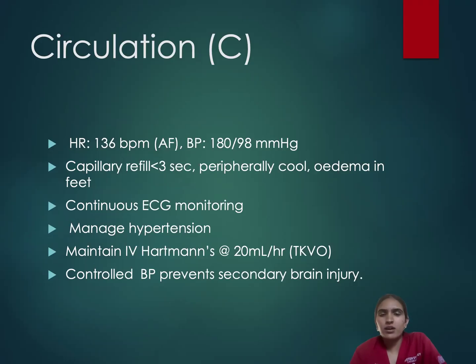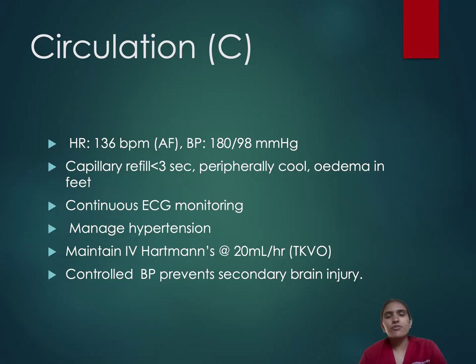Her heart rate is 136 beats per minute and blood pressure is 180 by 98 mmHg, and capillary refill is less than 3 seconds, which are signs of atrial fibrillation and hypertension. If atrial fibrillation is not controlled, it can promote the development of clots, which causes embolic incidents. Arrhythmias should be detected by continuous ECG monitoring. Blood pressure should be managed, but excessive reduction may decrease cerebral perfusion, whereas uncontrolled hypertension creates risks of intracerebral hemorrhage.